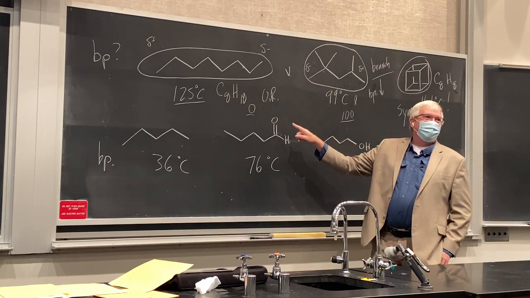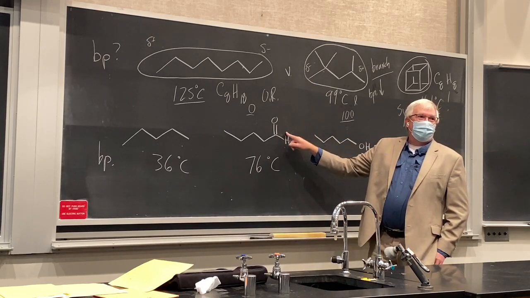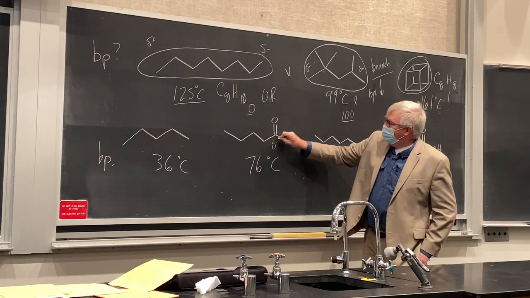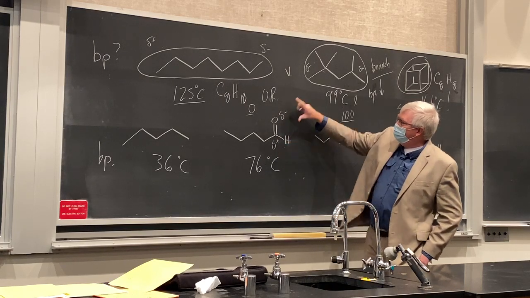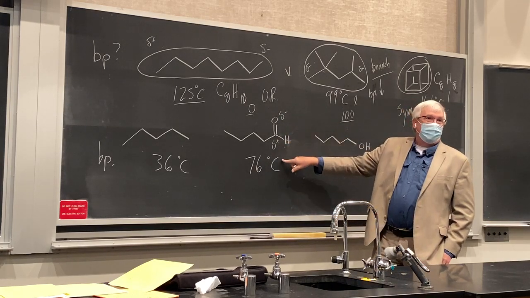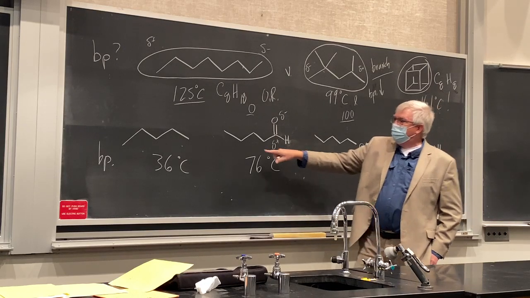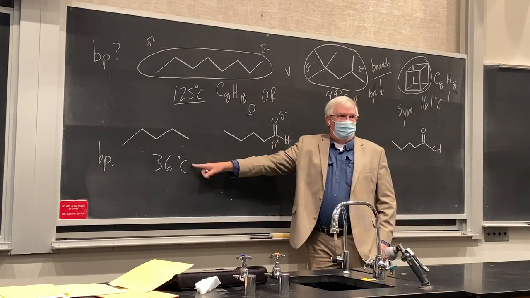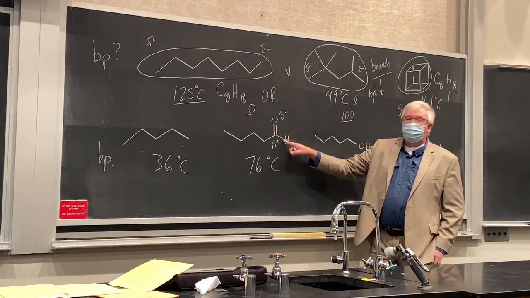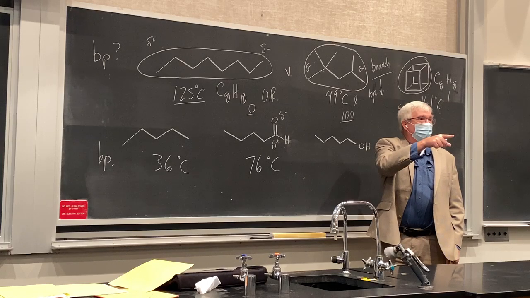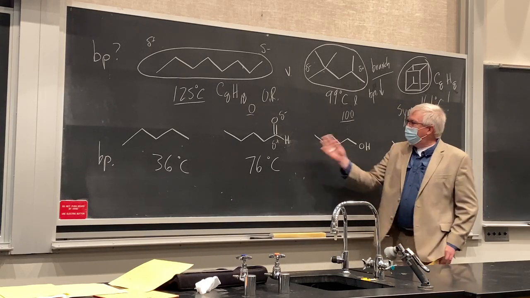Look at the table if you need to. Dipole-dipole. So you got partial plus, partial negative here, and those can line up with each other. And because of their permanent dipoles, whereas this is just induced dipole, it requires less energy to vaporize it. Here you need more energy to vaporize because of the dipole-dipole interactions, okay? So you see the trend there.